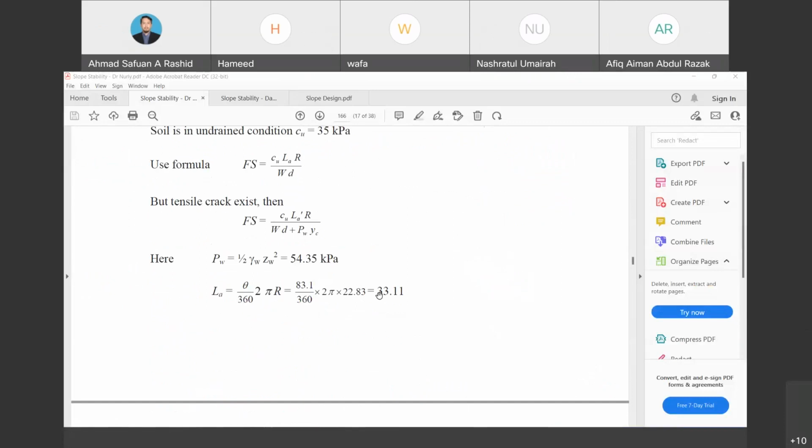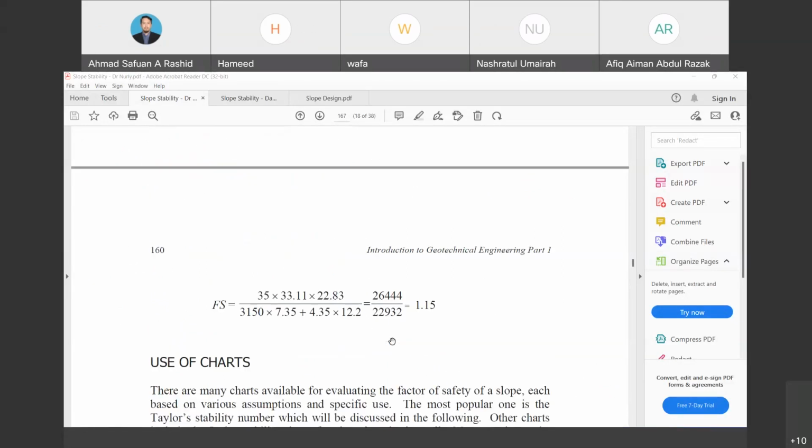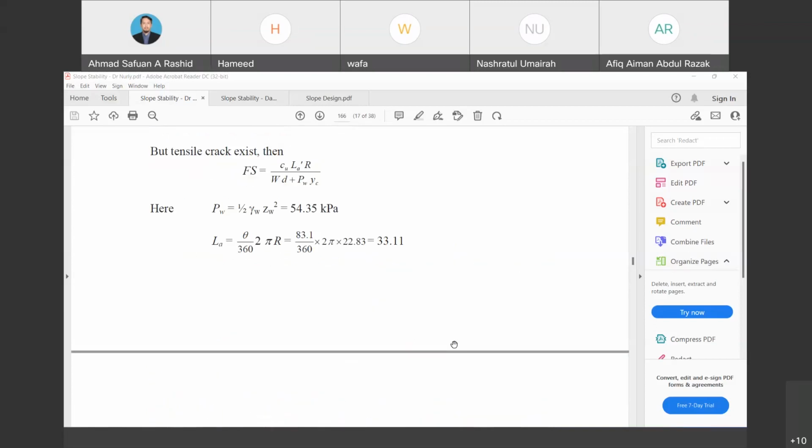So the LA is 33.11. From there, we calculate the factor of safety. Actually, there is a slight error in the calculation, but the value that has been written in this example is 1.15. So please check again.